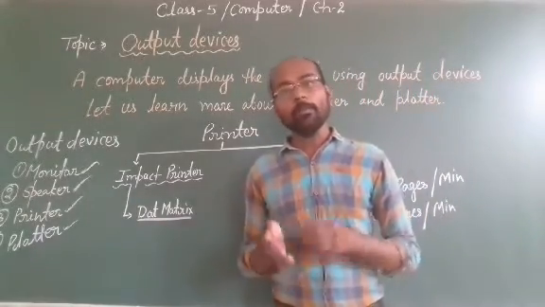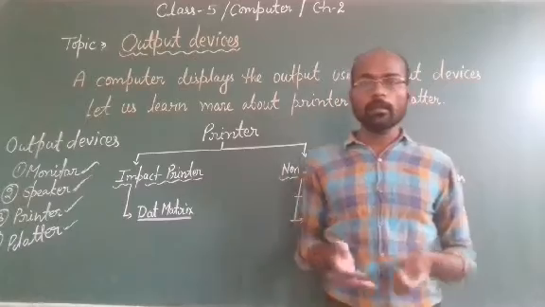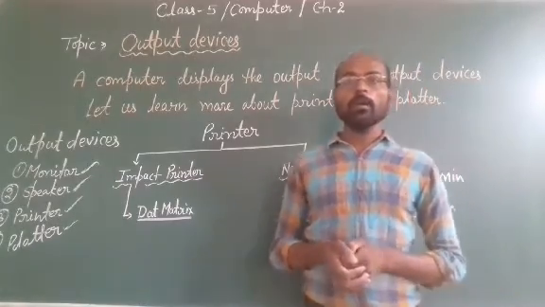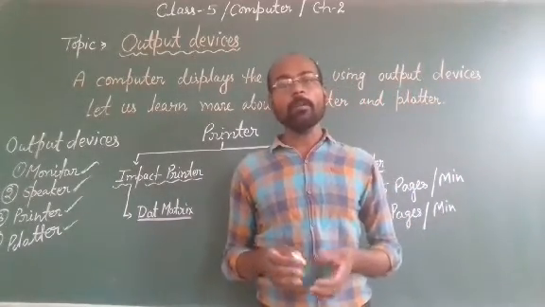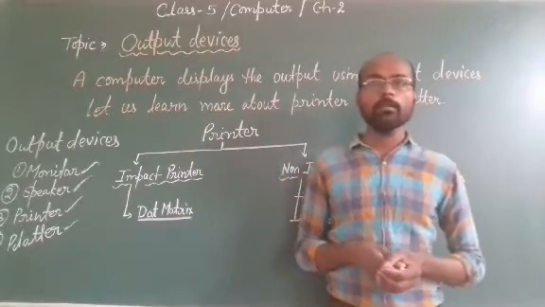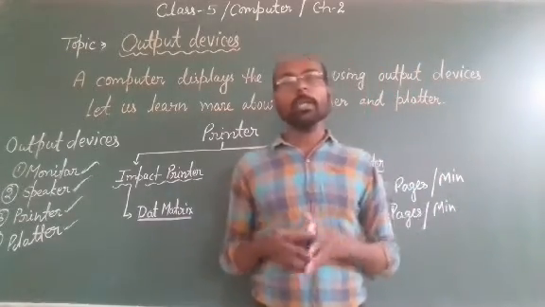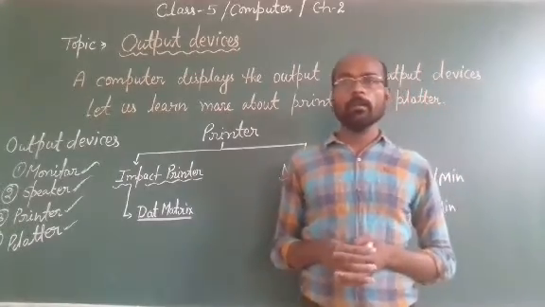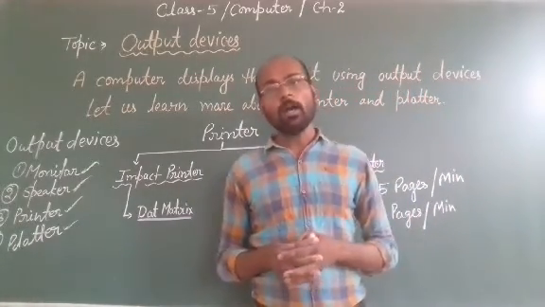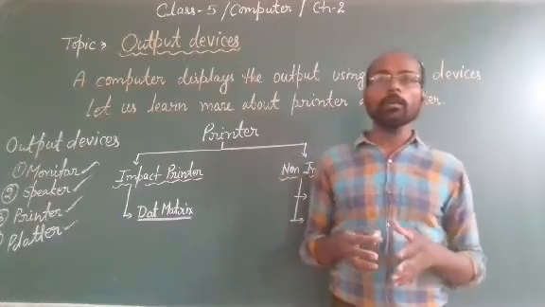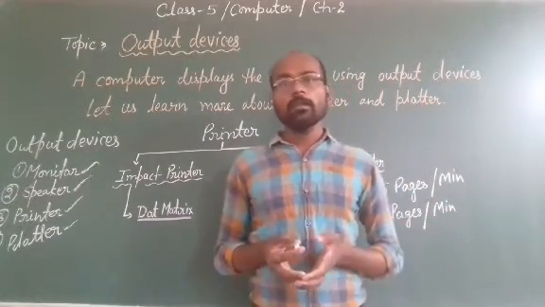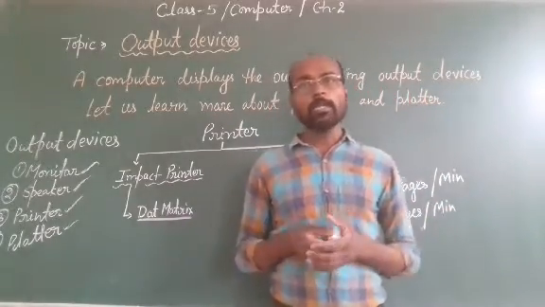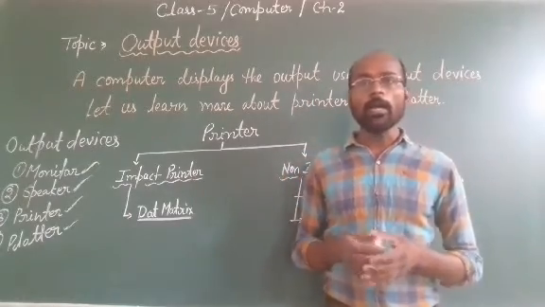It can print black and white as well as colored output. It is the most expensive among the three kinds of printer. Laser printers are commonly used in big organizations where hard copies are required on a large scale.